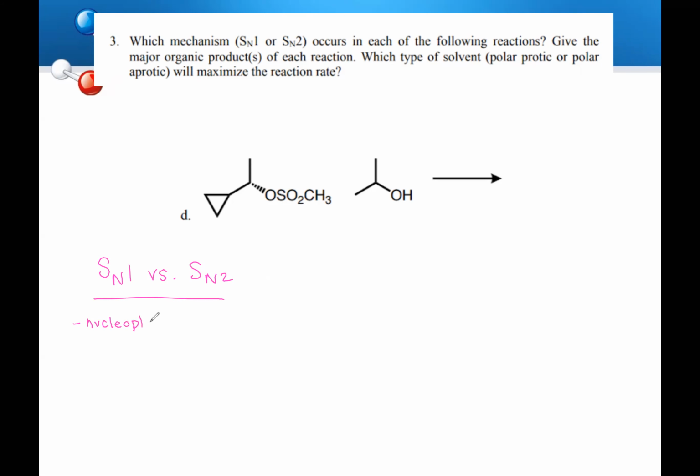So let's put down nucleophile strength. But what would that tell us? If we have a strong nucleophile, what does that mean? Yep, SN2, which means that a weak nucleophile would be SN1. Is there anything else that we can use to differentiate SN1 and SN2?